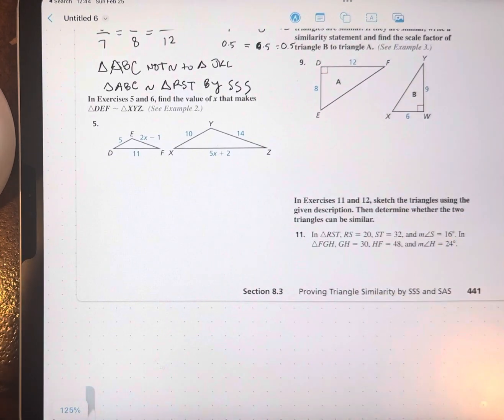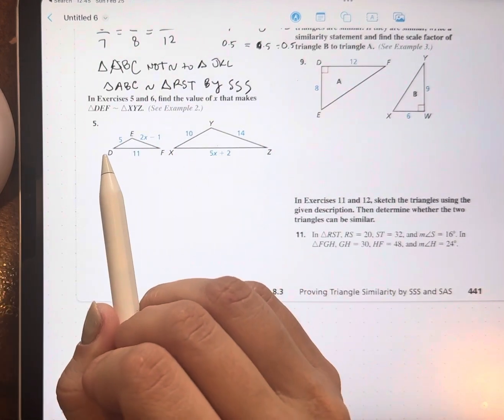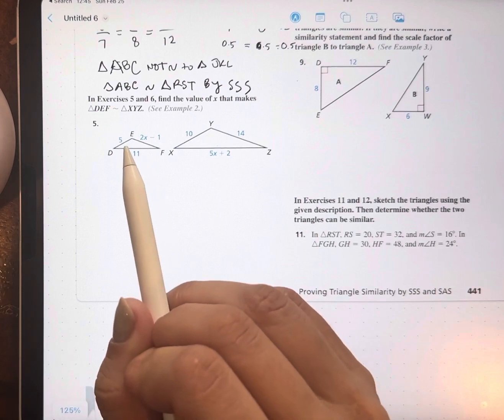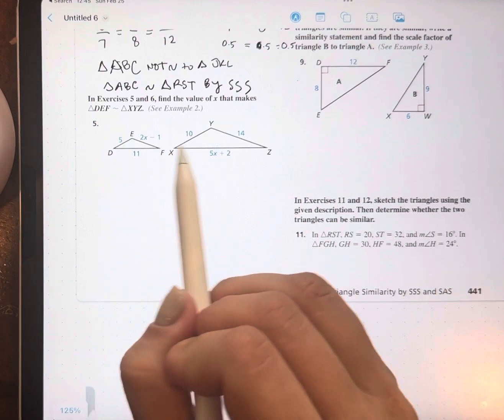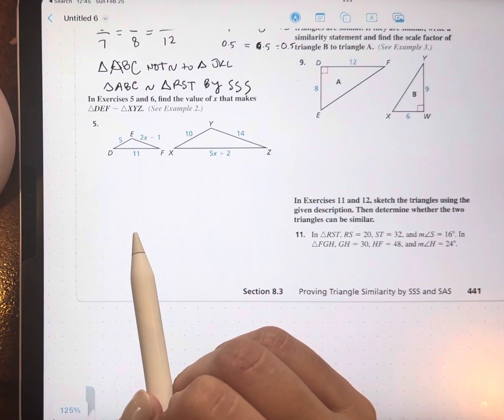Okay. For this one, we need to find the value of x that makes these two, DEF and XYZ, similar to one another. So I already did a quick check to make sure these two are drawn the right way and they're not trying to confuse me with the picture. They're not.